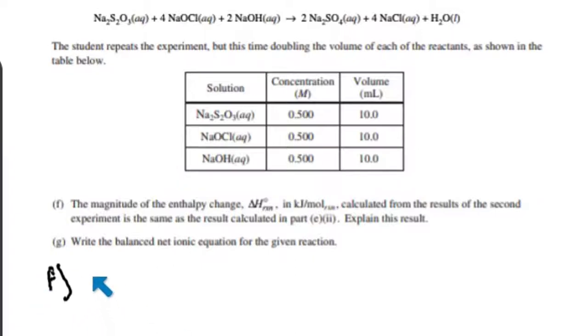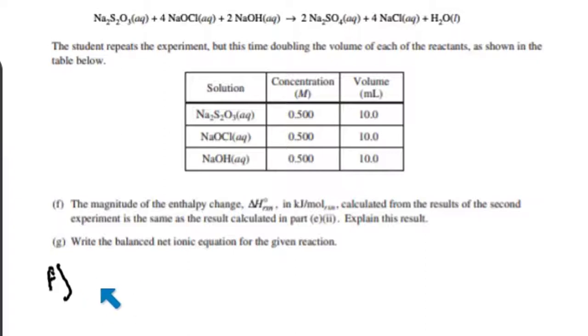So they're the same because you double the amount of moles used, which means that you also double the amount of energy produced. The amount of heat given off is the change in energy. So when you increase the input, you also increase the output, but the actual change is the same, which is why the enthalpy change is the same.